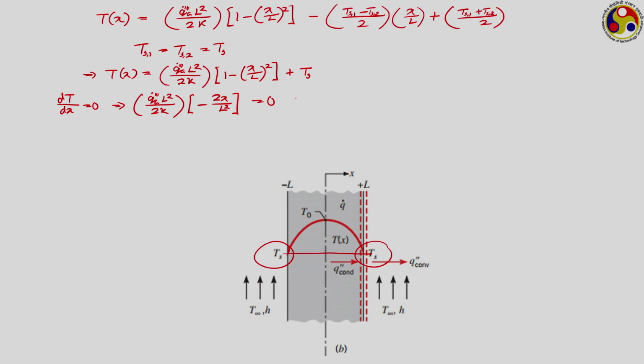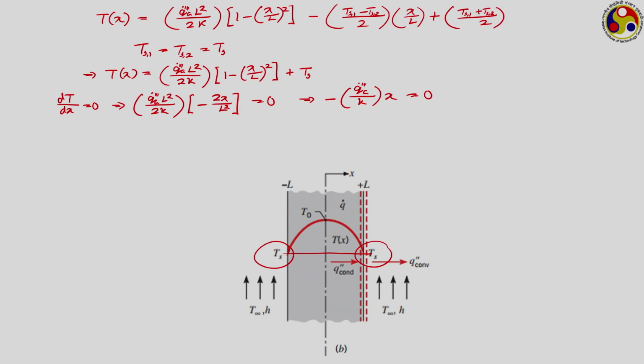Now, simplifying this, as L square and 2 cancel out, we have minus of q 0 triple prime upon k into x to be equal to 0. Now, q 0 triple prime can't be 0, because there is a volumetric rate of energy generation. If there is no energy generation, then there are two things we can identify. k can't be 0, because k is the thermal conductivity, a property of the system, it can't be negative as well, it is always a positive number.